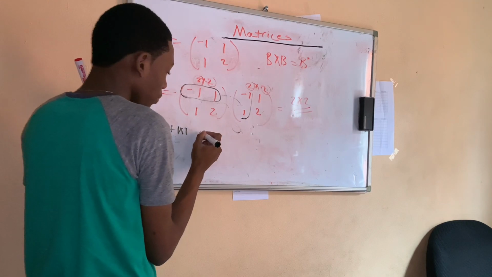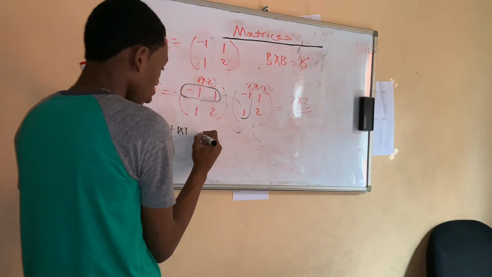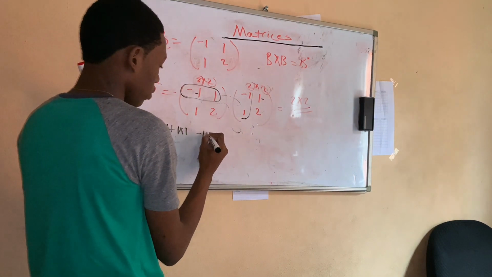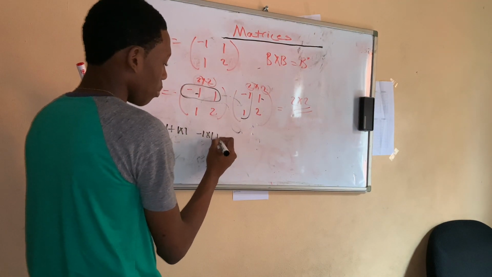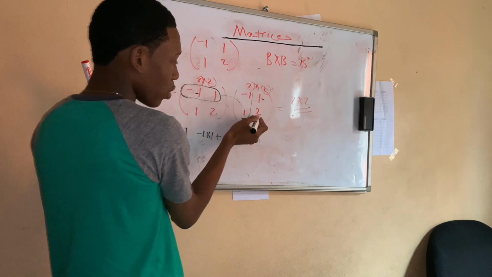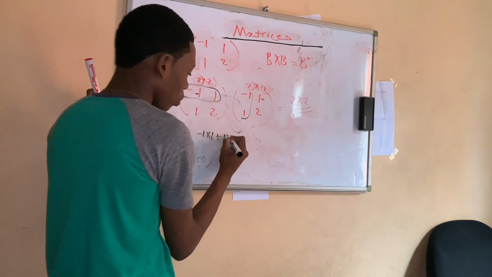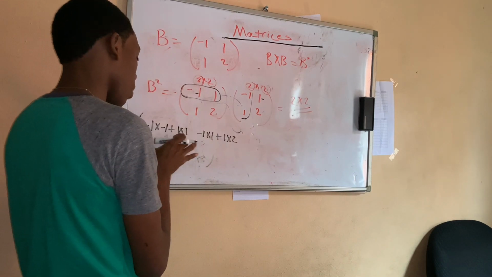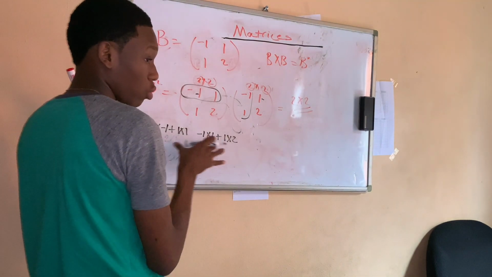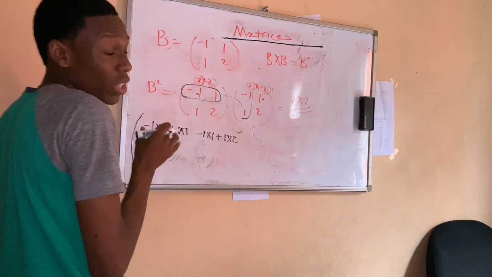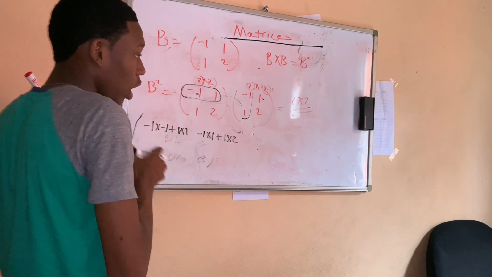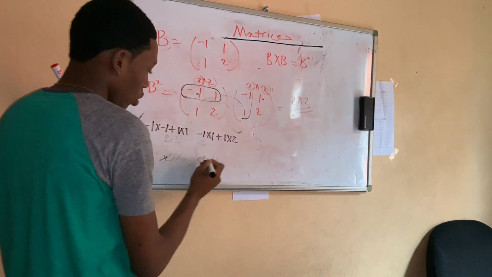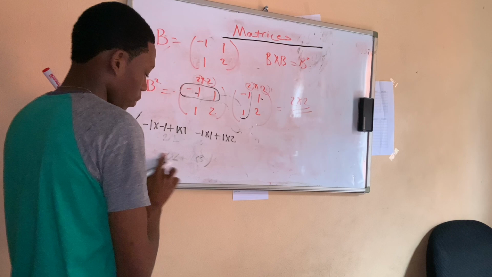Negative 1 times 1 plus 1 times 2, because there's a 2. So we get the top part. Now we need to get the two entries in the second row.